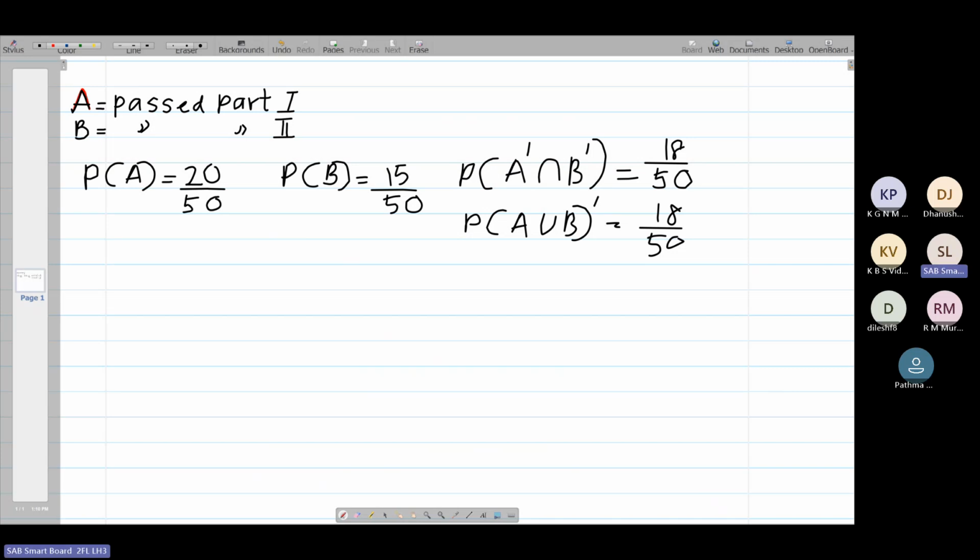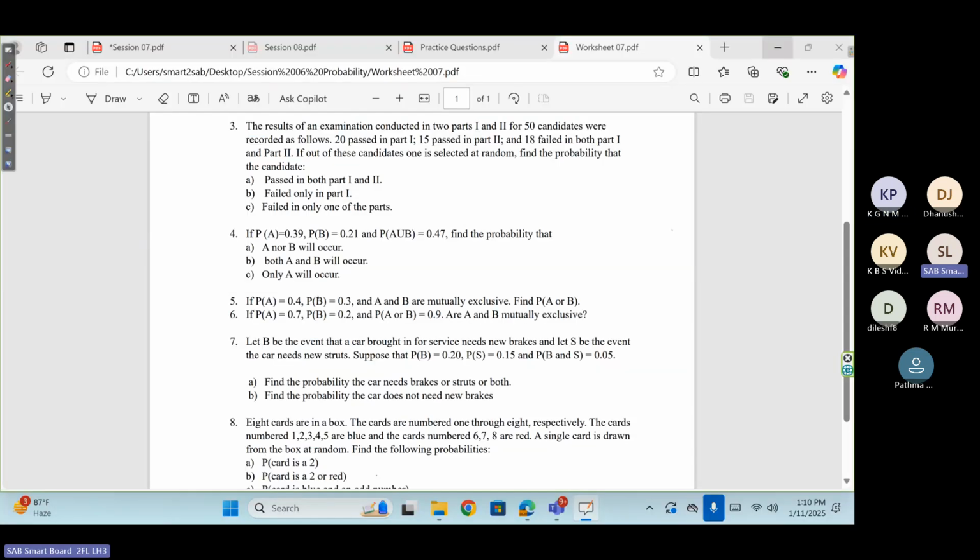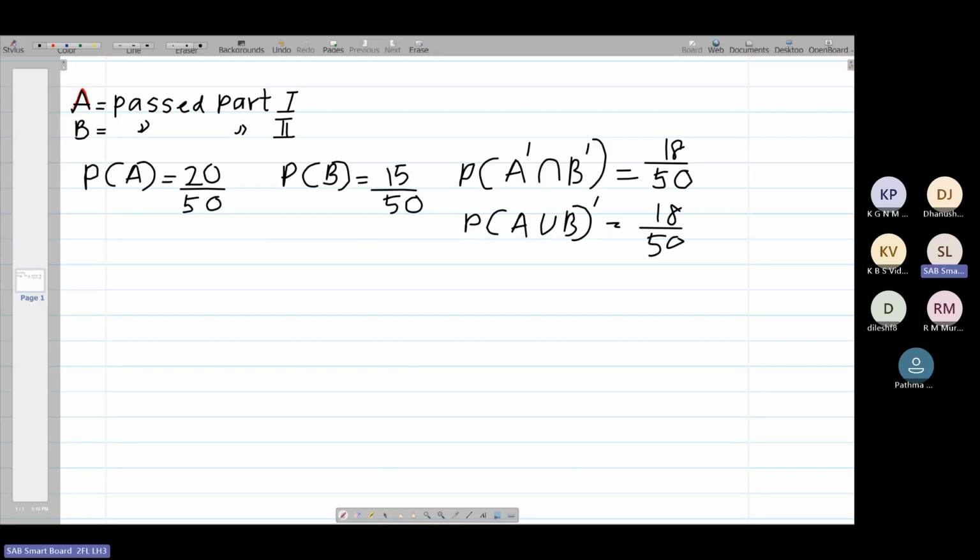Then what is question number 1? Question 1: passed in both part 1 and part 2. Both means intersection. It means question number 1 asks the probability of A intersection B. Then how do we find the intersection?